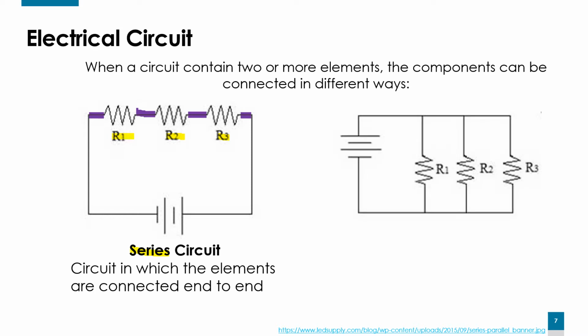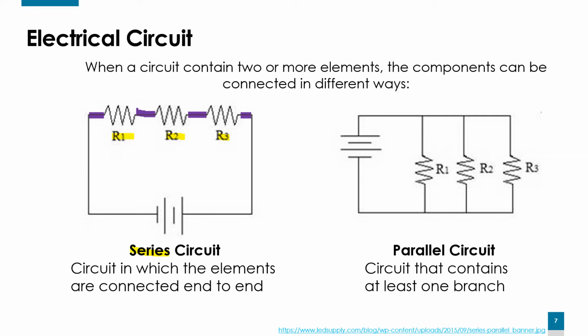And the other way is in parallel. So in a parallel circuit, what's happening here? They are not side by side, but they are parallel. It's a circuit that contains at least one branch. So the current comes here and divides: one goes over here and then continues, another comes here and then continues, and so on.